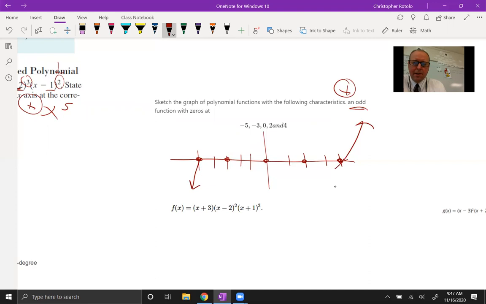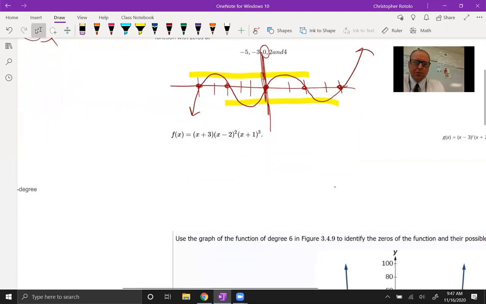And what happens here is it goes through each and every time because I didn't list anything twice. Now, if I need you to get the absolute max and mins here, then we'll find those on a graphing calculator. The only thing we would be looking for is maybe this y-intercept. But since we already have that, they gave us x equals 0, then we're in good shape.